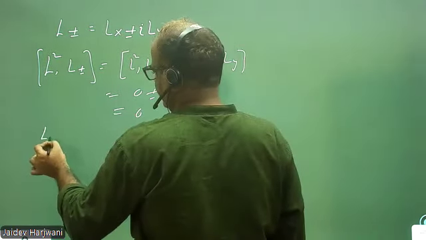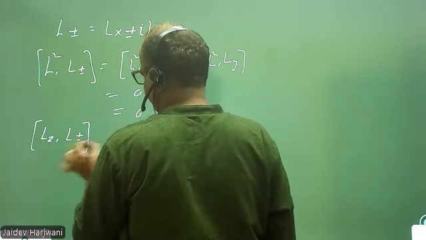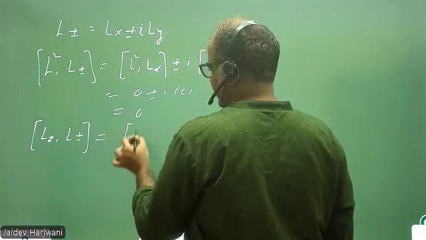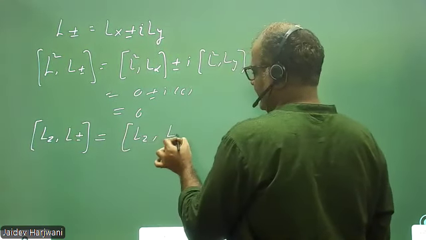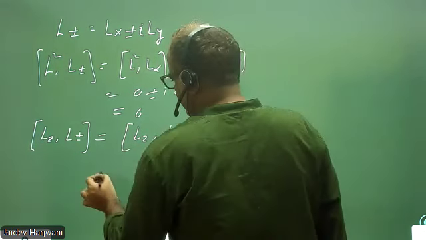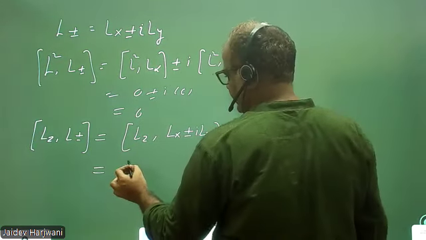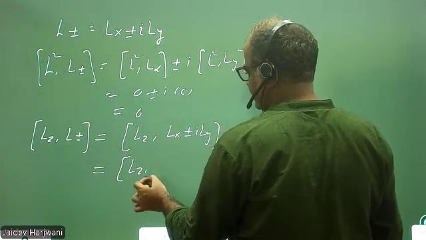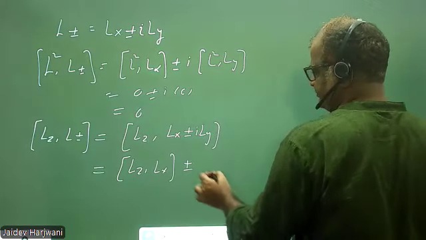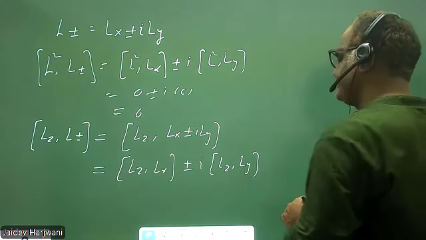Now see what happens when we do the commutation of Lz with L plus minus. So you have [Lz, Lx plus minus iota Ly]. Now we can calculate [Lz, Lx] plus minus iota [Lz, Ly].